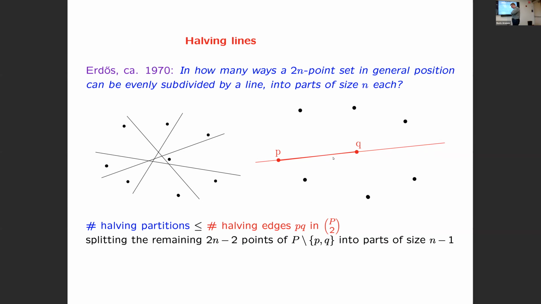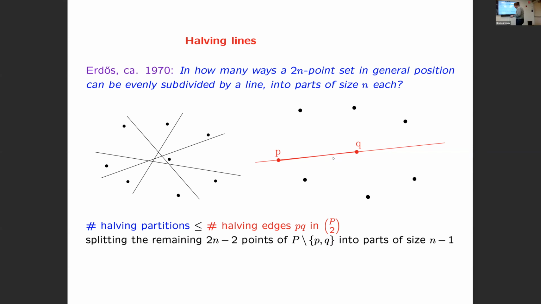Let us say a few words about the important relation to the halving hyperplanes problem. Erdős asked one of the famous Erdős problems: suppose you have n points in the Euclidean plane in general position, and how many ways can you split them evenly by a line.